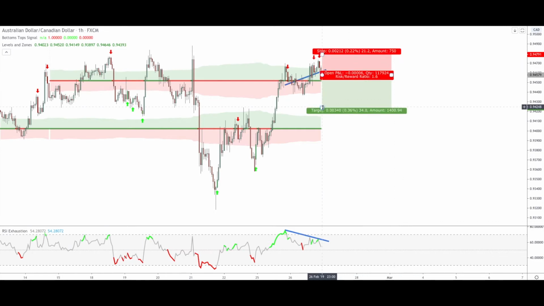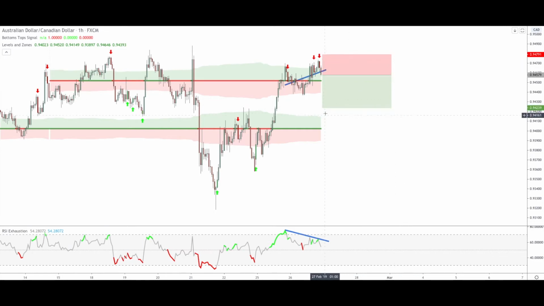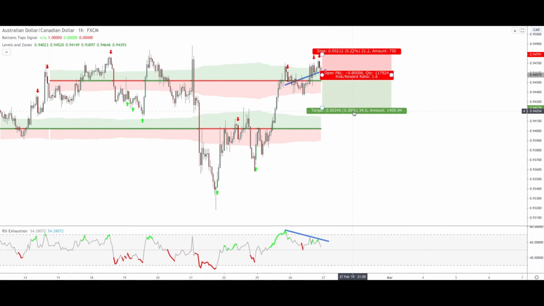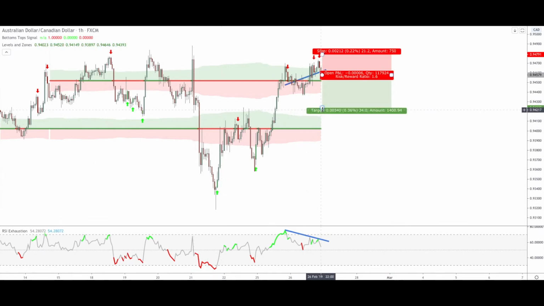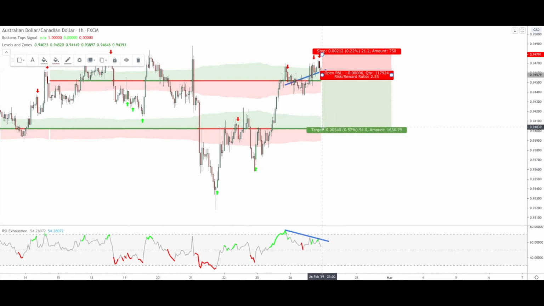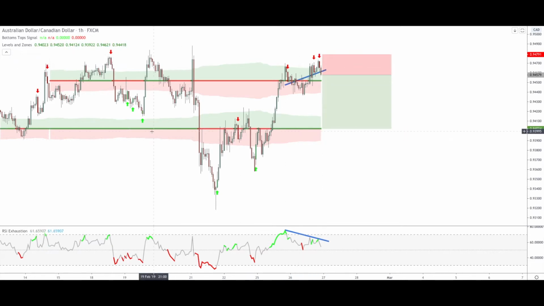And for the target, well, if the price comes down, it could come down quite significantly given this recent volatility. But as always, we want to play safe. So by playing safe, I will set my target to be this support down here, because we know that these levels, which are given by the levels and zones, are very strong major levels.